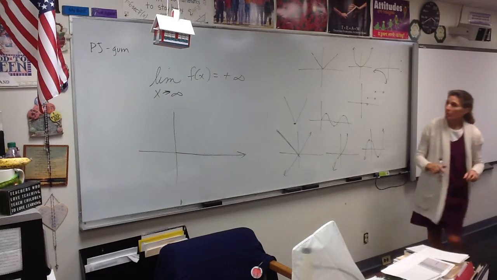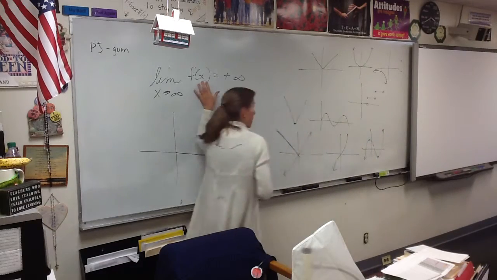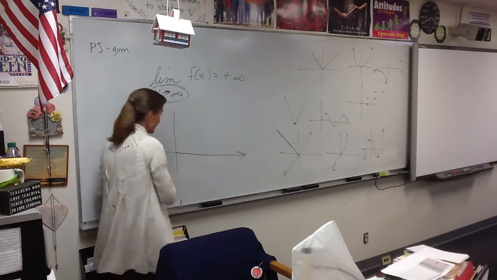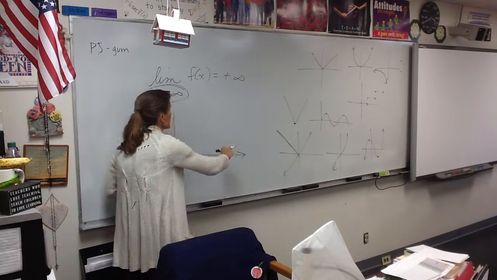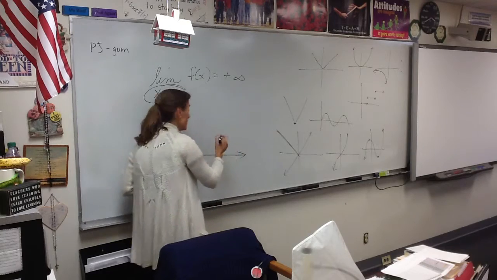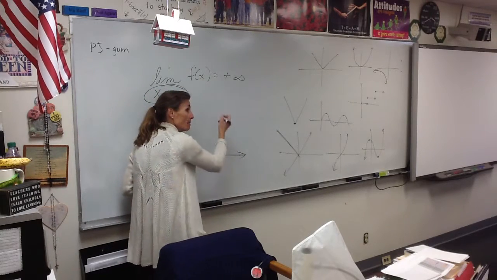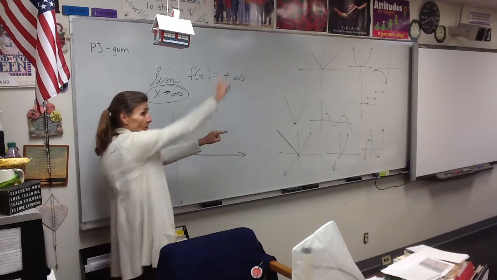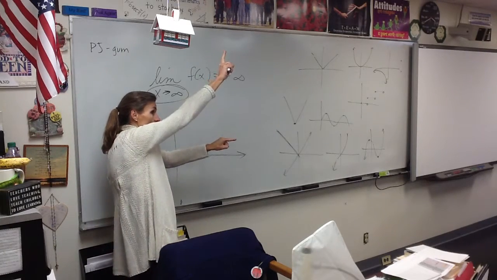Yeah. So remember, f of x is y. So they're telling us x is going to positive infinity. That means we're going right. Now you want y going also to positive infinity, so that means up. So as you go right, your pencil is going up into space.